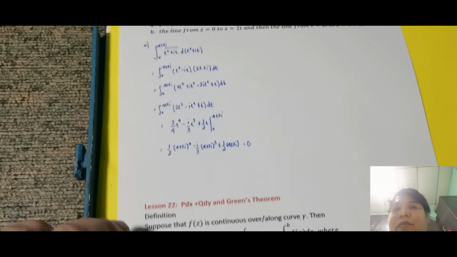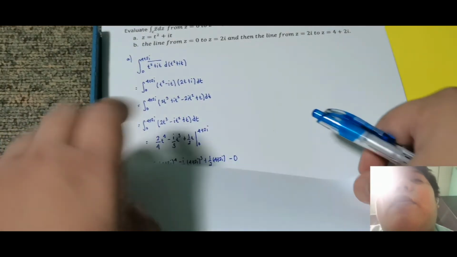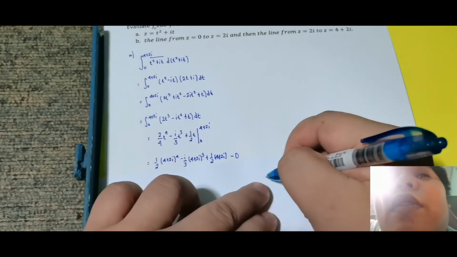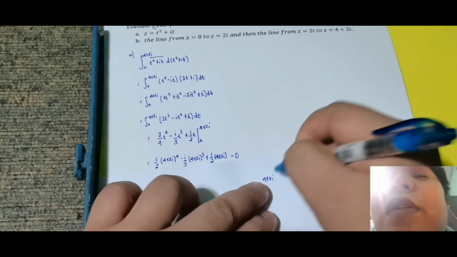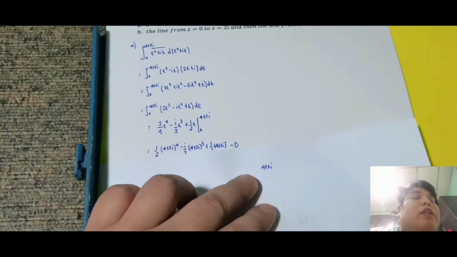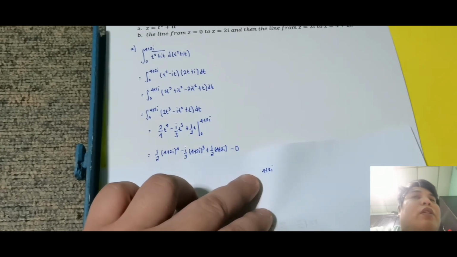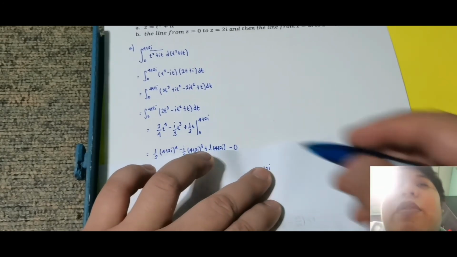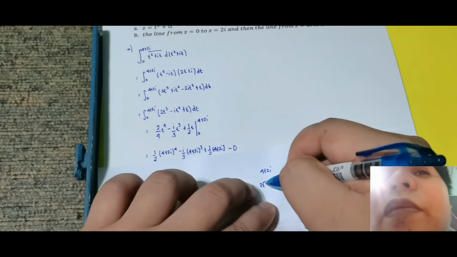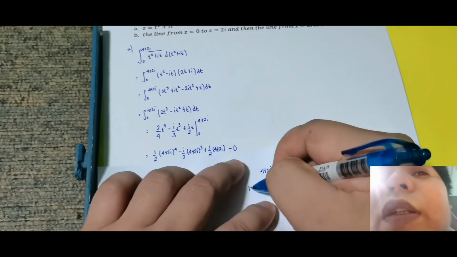Okay, so 'di ba 4 plus 2i? So we have 4 plus 2i. Ang modulus nyan is square root of 4 squared plus 2 squared, 16 plus 4, that's 20. So, square root of 20, that is 2 square root of 5. Okay, so ito yung modulus nya.